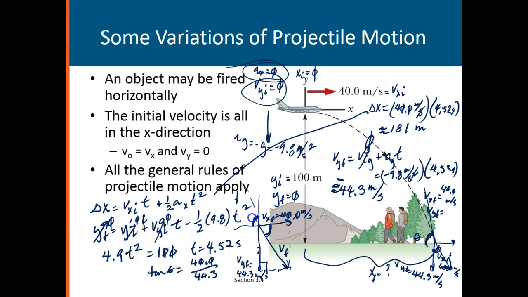This is the opposite angle. It's this angle here, this angle there, so that's the opposite angle. So I had them backwards. This is theta, the angle of impact, and that's 44.3 over 40. Sorry about that.